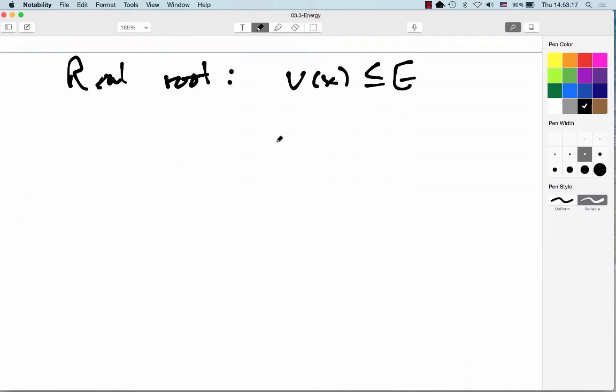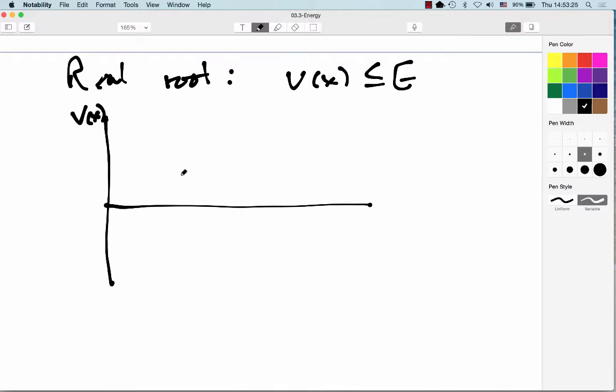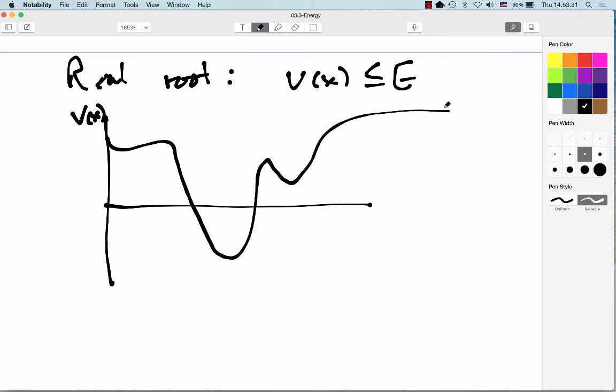So let's think about a typical V of x of some sort. So we'll assume that maybe it looks something like that. All right. Now let's say that our total mechanical energy E looks something like that.